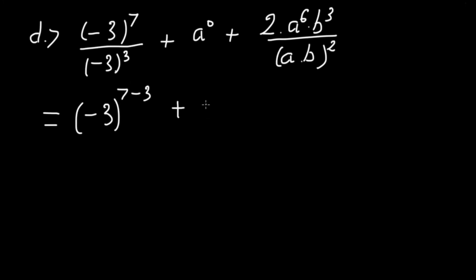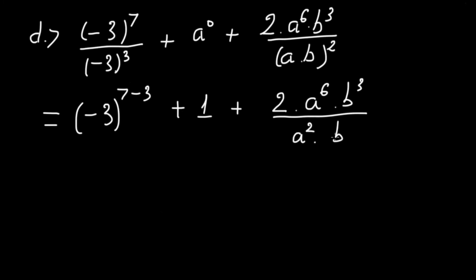A raised to 0, you get 1, plus 2 times a to the 6th times b to the third. A times b squared we can rewrite as a squared times b squared equal negative 3. 7 minus 3 is 4 plus 1.